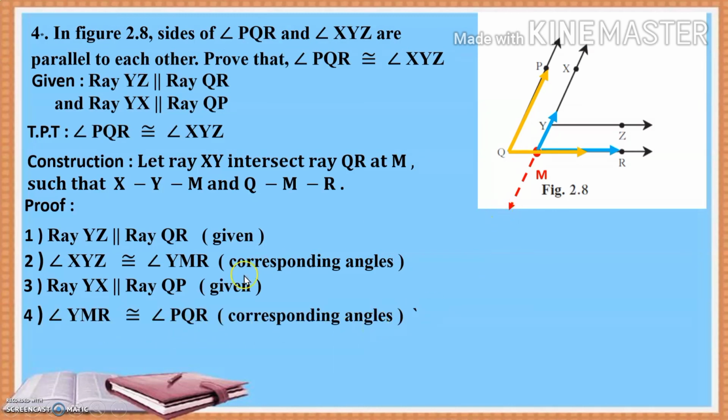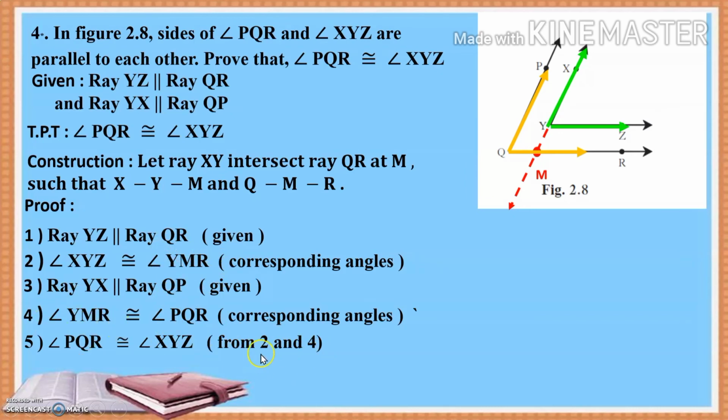Now we already had in statement number 2 that angle XYZ is congruent to angle YMR, and YMR is congruent to angle PQR. So I can say that XYZ is congruent to angle PQR, or PQR is congruent to XYZ. So let's write that statement: angle PQR is congruent to angle XYZ, from the two statements, since YMR is common.